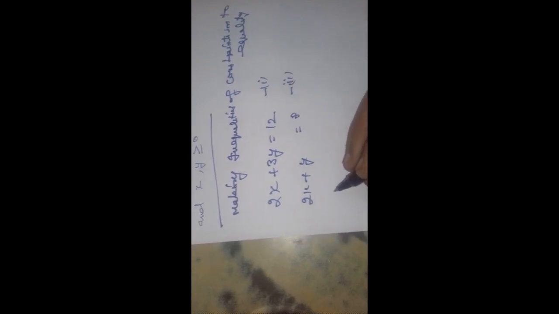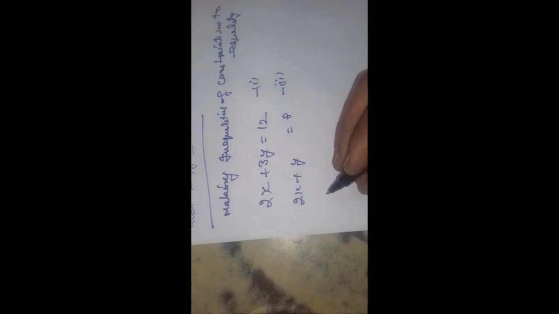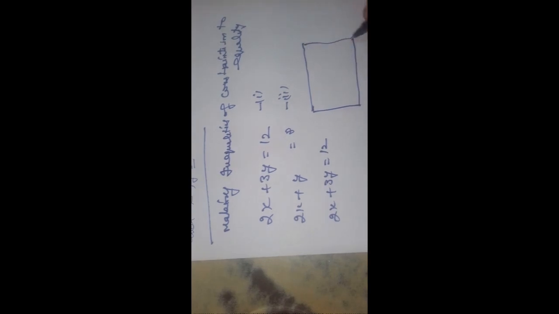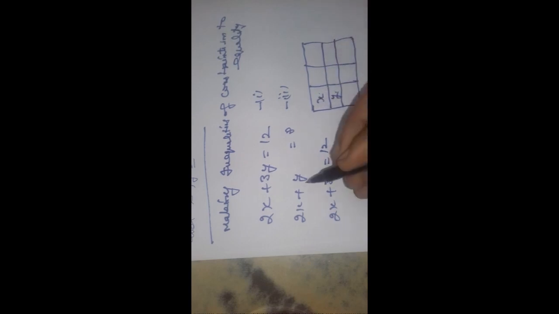We are working on the first equation at the initial stage, that is 2x plus 3y equals 12, and make a table. It can be x and y, as these are the variables given.